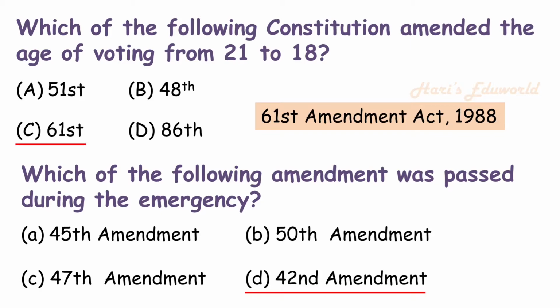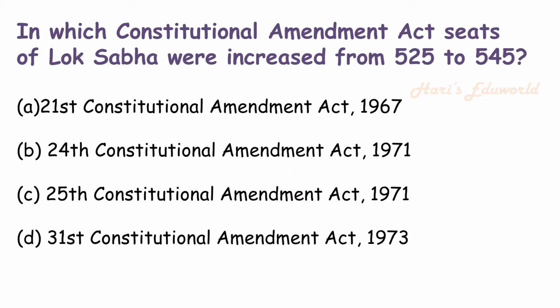Answer option D, 42nd Amendment. In which Constitutional Amendment Act seats of Lok Sabha were increased from 525 to 545? Answer option D, 31st Constitutional Amendment Act 1973.